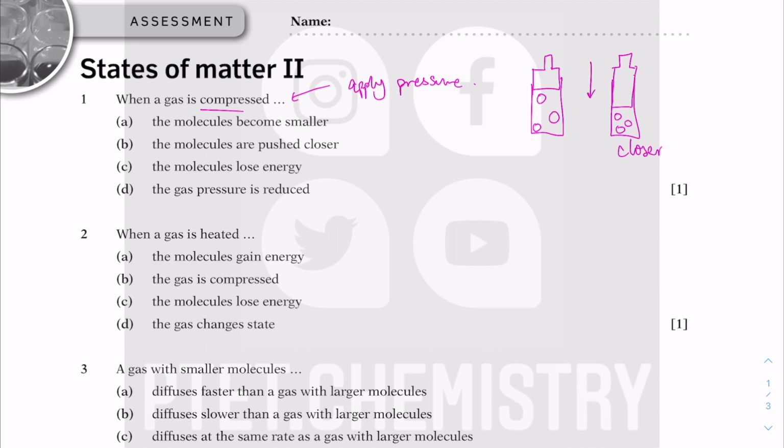So when you increase the pressure on the gaseous particles, they get closer together, and that is very sensible when you think about what happens to gases, right?